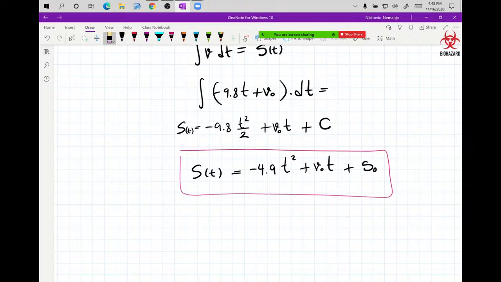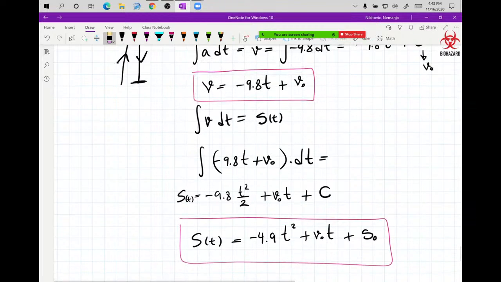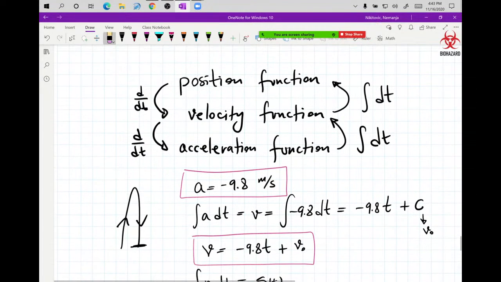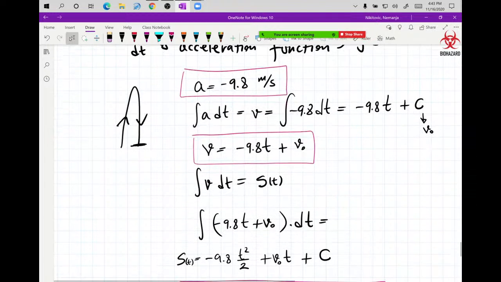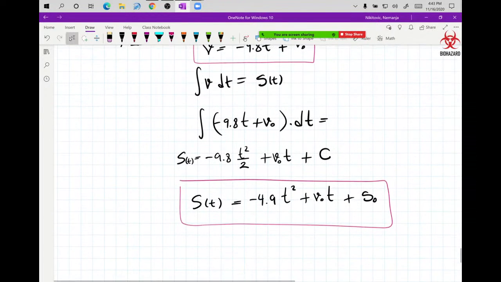So now you can see that we can not just go from the position, take the derivative into velocity and acceleration, but we can start at acceleration and keep integrating up to get the position function. And these are all of the things that you want to know as a researcher, engineer, scientist, whatever.